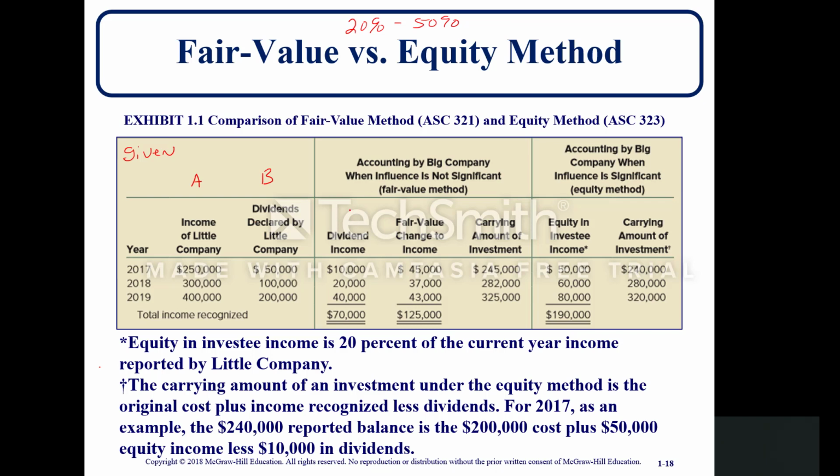In recording the flow of this worksheet, the dividend income, so accounting for Big company when influence is not significant, the fair value method, the dividend income is 20% of column B. So that's 20% of the 50,000, which is 10,000, 20% of 100,000, and 20% of 200,000.